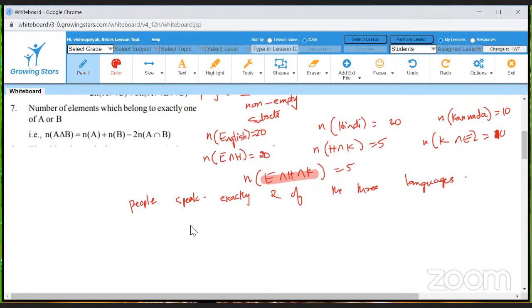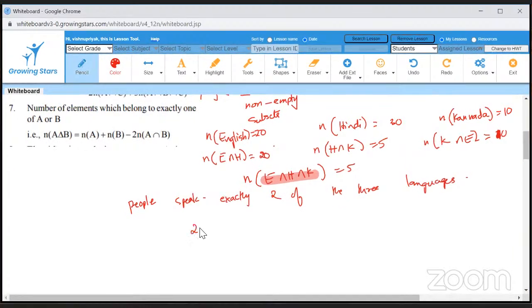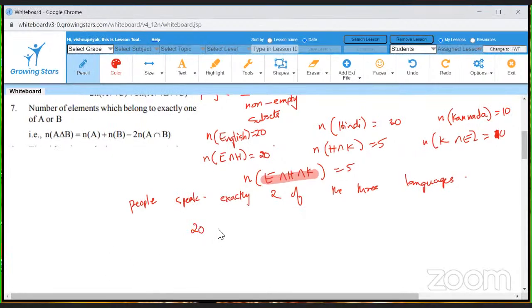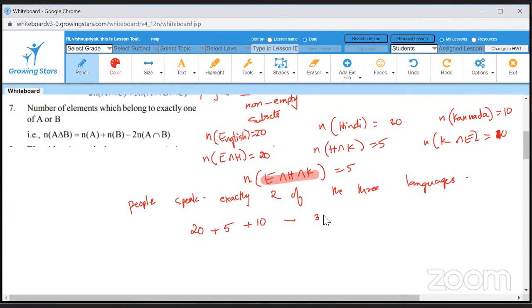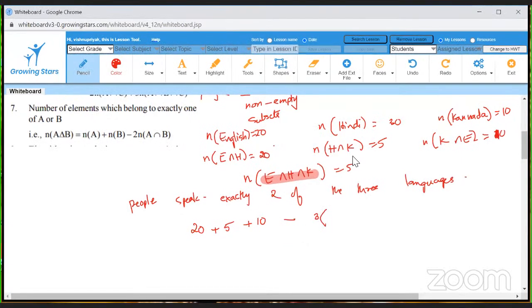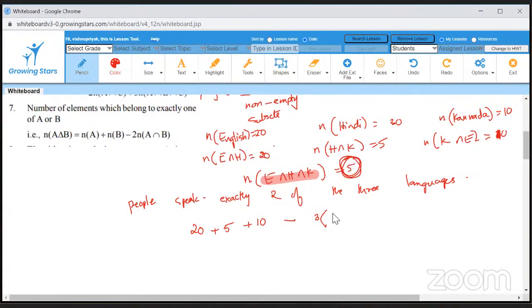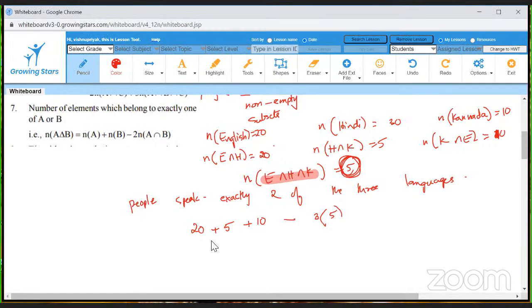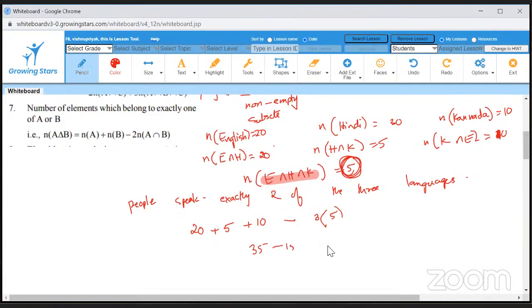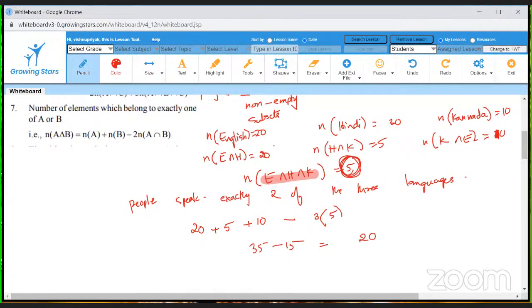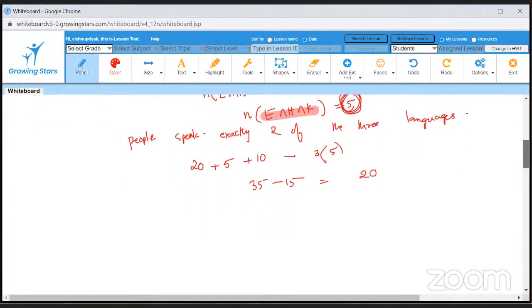You will take English and Hindi 20, Hindi and Kannada 5, Kannada and English 10. From this, you will subtract 3 into those who speak all the 3, that is 5. 25 plus 10, 35 minus 15. So 20 people will exactly speak 2 of the 3 languages.